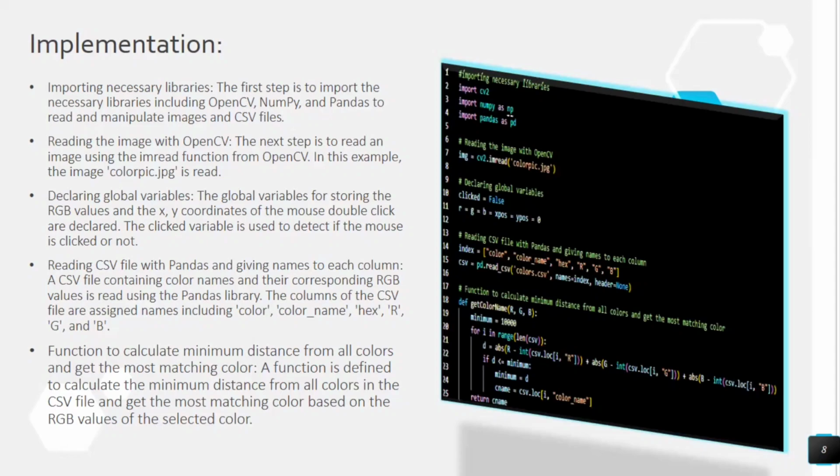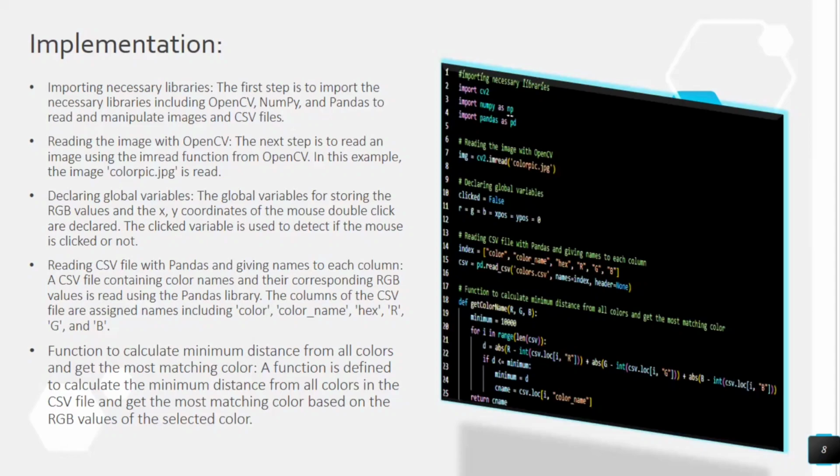Reading the CSV file with pandas and giving names to each column. A CSV file containing color names and their corresponding RGB values is read using the pandas library. The columns of the CSV file are assigned names, including color name, X, R, G, and B. I will show you this CSV file, where I assigned the names, in the output of my code.